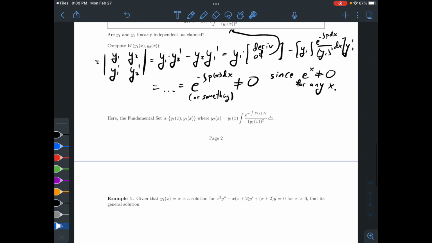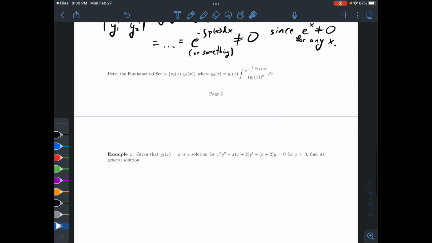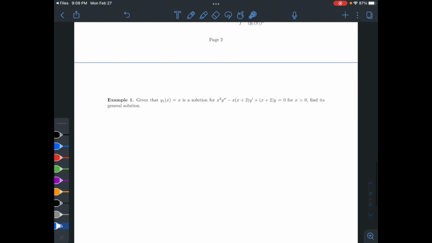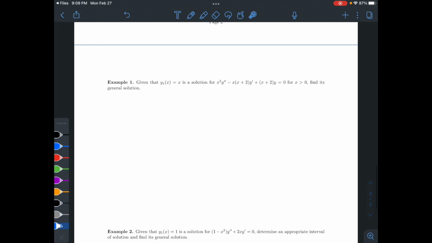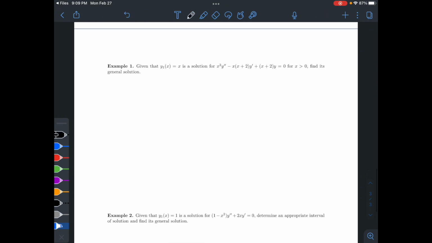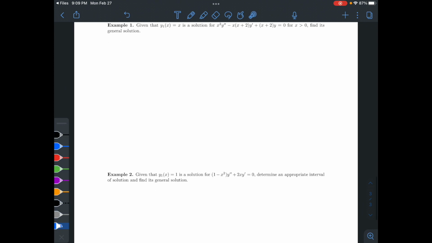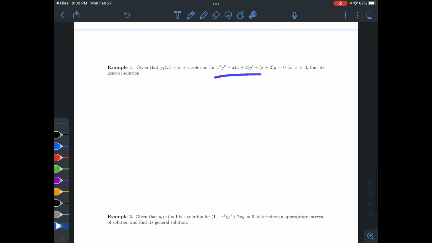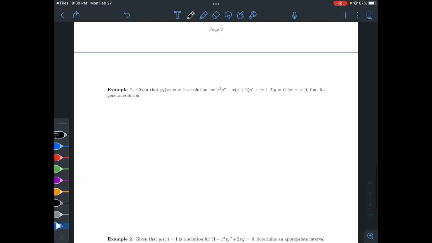Okay. Great. So let's work some examples. I'll show you how to do this first one, and then I recommend pausing the video and trying the second one on your own, modeling what I do with the first one.